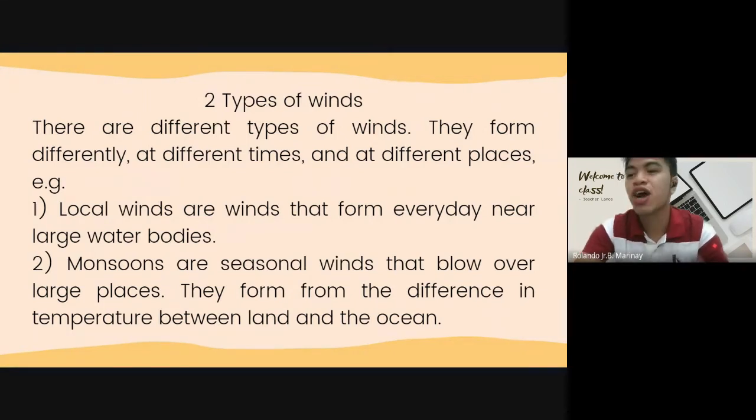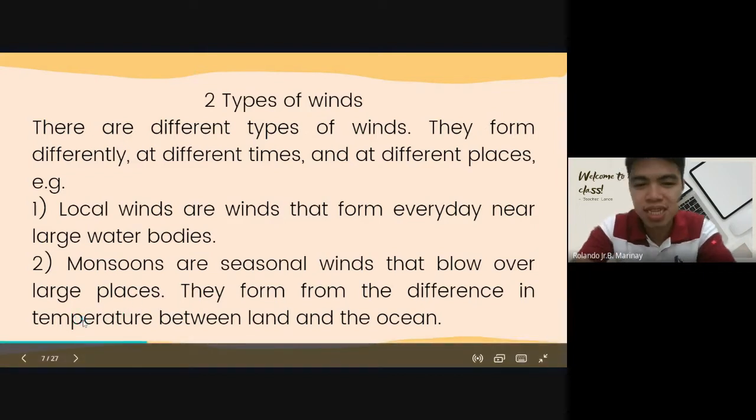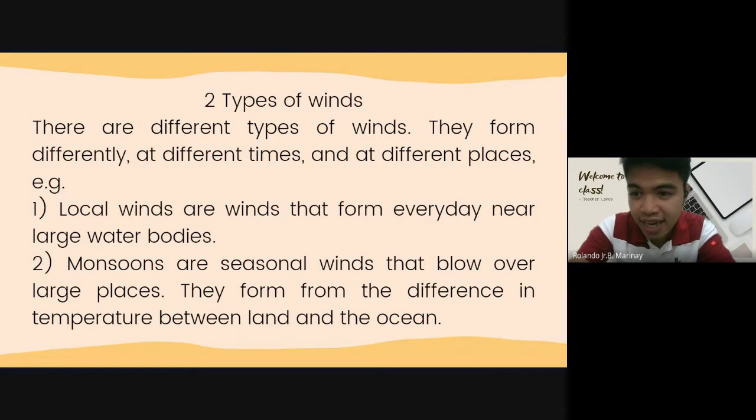Okay, when it's hot in the land and cold in the water body, because they are different, there will be monsoons. Or, for example, it's cold in the land and hot in the water body, there will also be monsoon. Okay? Monsoons are seasonal winds, so it doesn't happen every day. It happens according to the season.